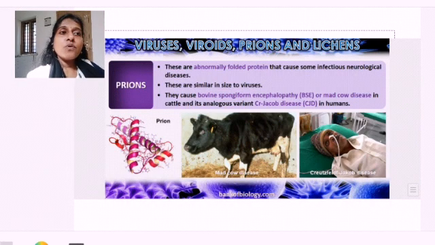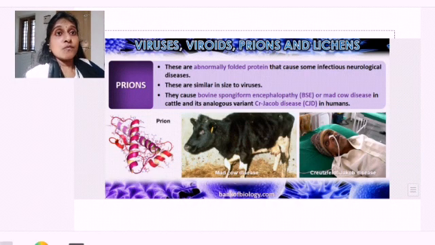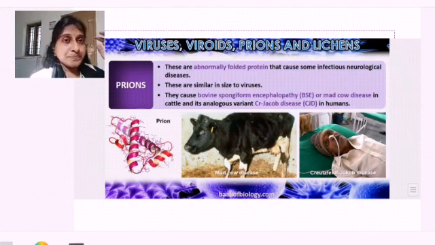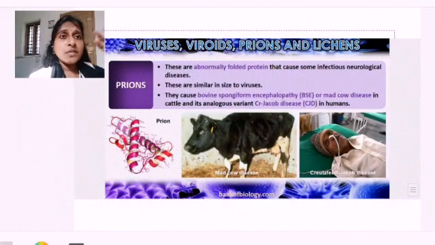So with abnormally folded proteins, my cells start detecting them in a different manner, and when my cells start responding, it can cause some diseases. Considering it as an antigen, my cells can respond in some other way. So in that case, they are causing some diseases which are mostly related to the nervous system. So neurological diseases are caused by these abnormally folded proteins.